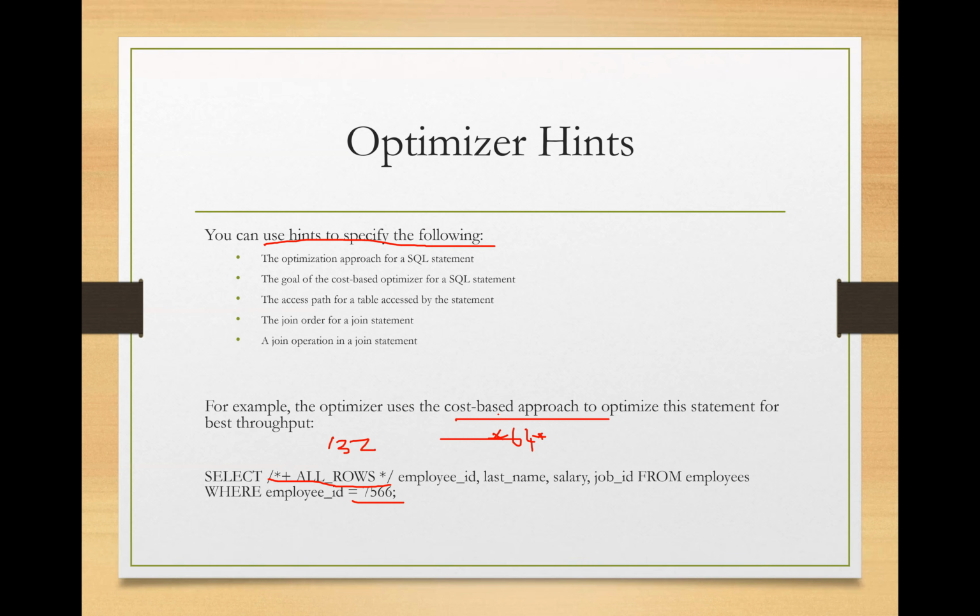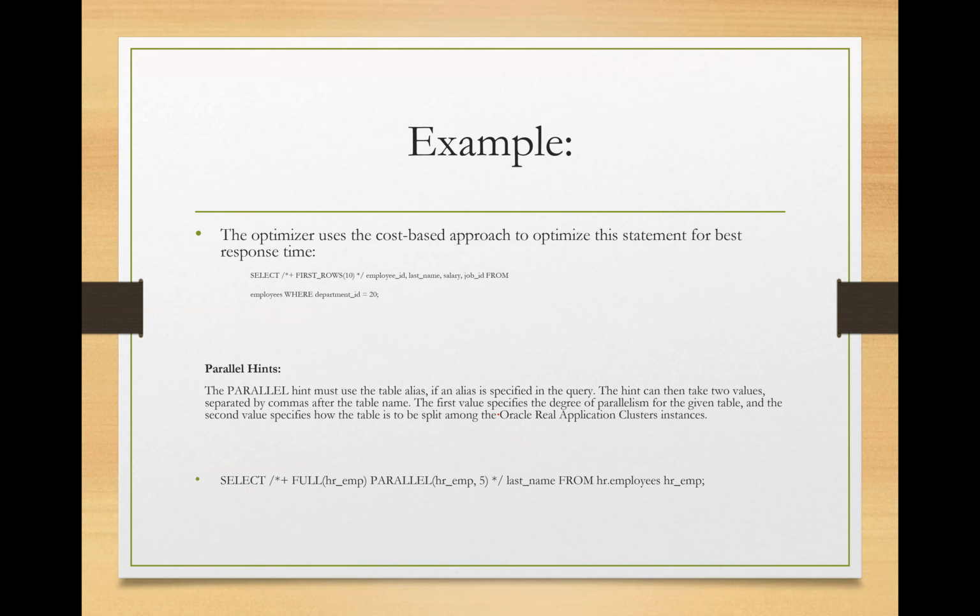Just mention it, but not on all queries. If you use it on all the queries, it will take a lot of time. See this parallel hint: with parallel 5, it will split the full table into 5 parallel parts and make it very quick. So this is a 10: first 10 rows only is selecting.